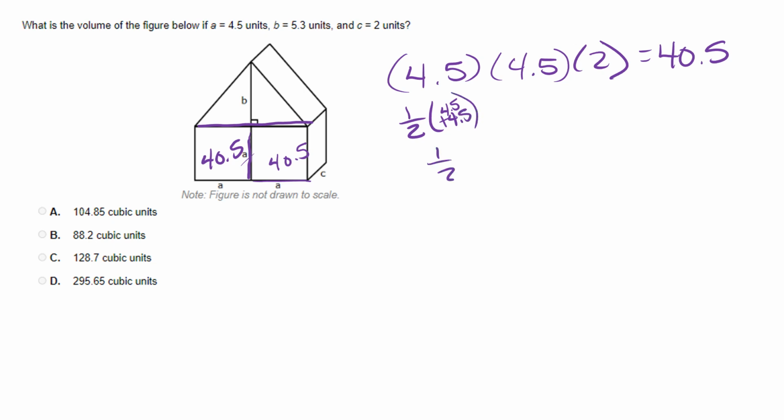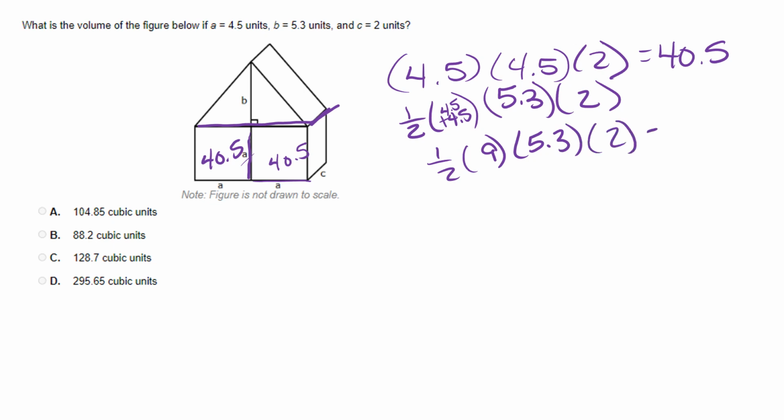I'm just going to rewrite it as 9 times the height, which is B, 5.3. So that's the area of the base. We're also going to multiply that by the height, or C, which is 2. So now I'm going to type in 1/2 times 9 times 5.3 times 2.